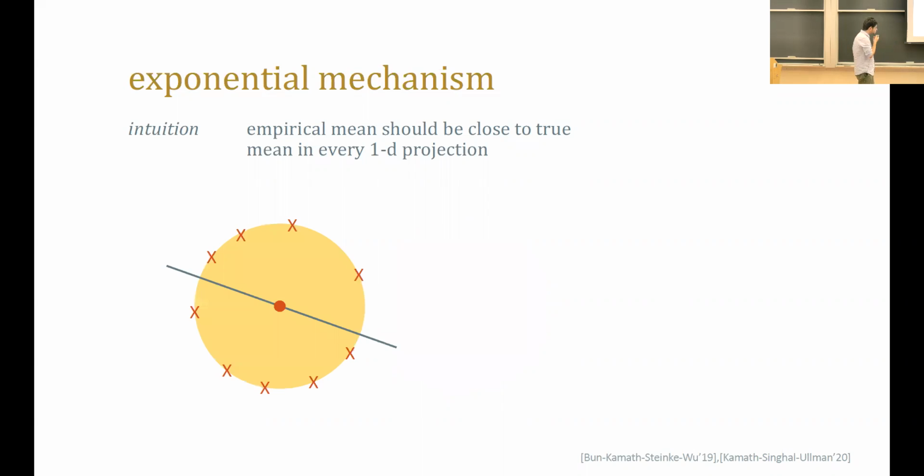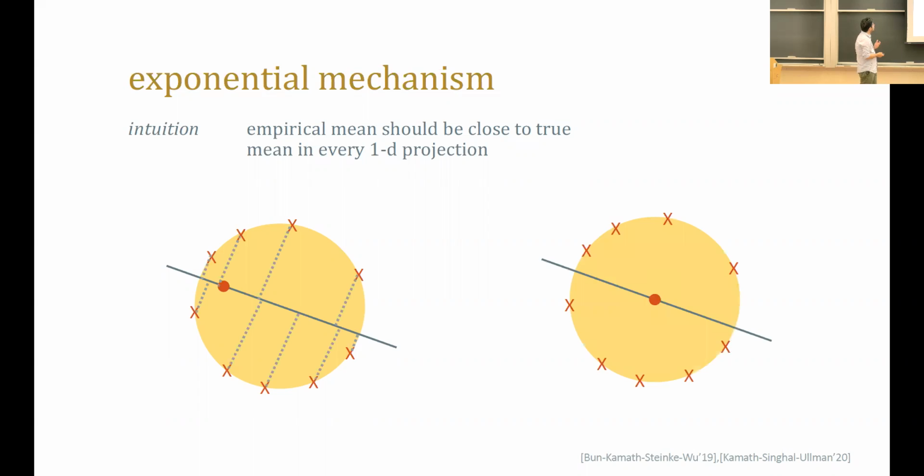Now, in every 1D projection. So, if you have some candidate point, like this point, for which there exists one direction such that on that direction this candidate point is far from the empirical mean, then you can guess that this point is probably not a very good candidate point for our exponential mechanism.